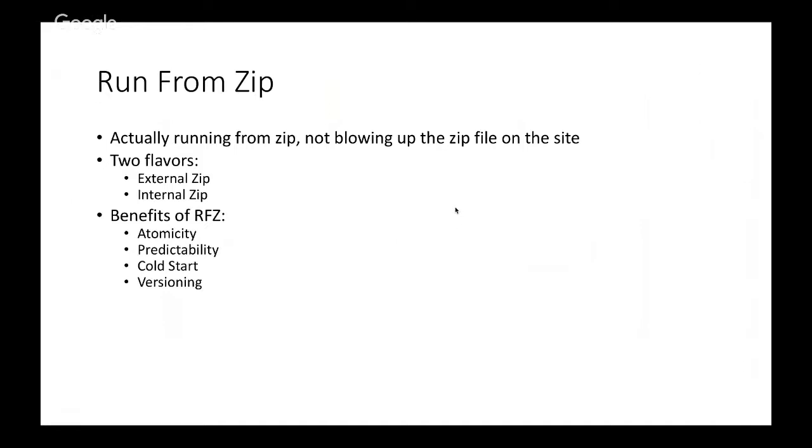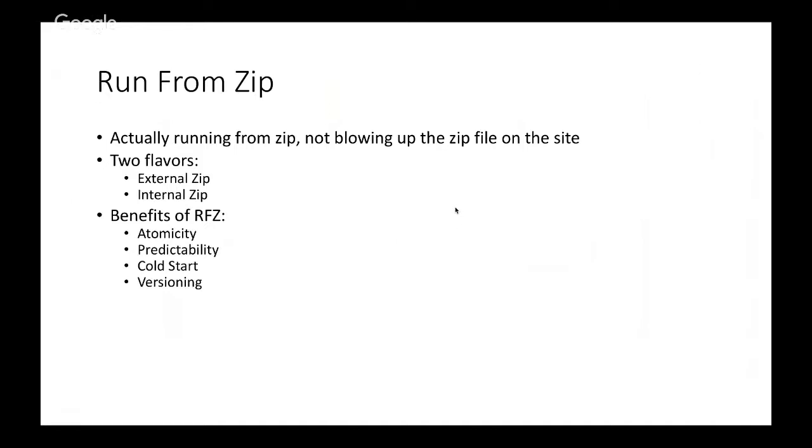But one of the most important benefits is cold start. We had a demo a little while ago on the team internally of David, one of our dev managers, uploading a site that has the entire Azure Node SDK.